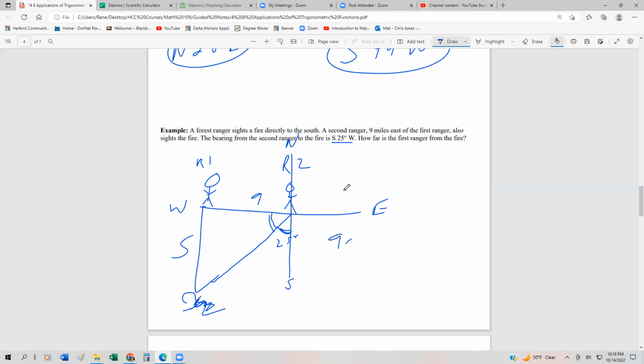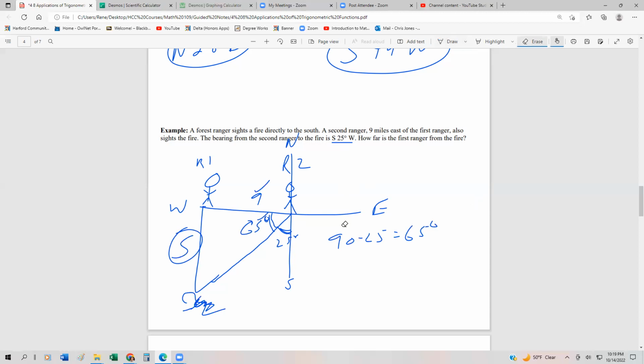Okay, so 90 minus 25 is going to be 65 degrees. Okay, so this is 65 degrees. And what we're looking for, and we have 9 miles as adjacent, and we're looking for the opposite, which is going to be the south.